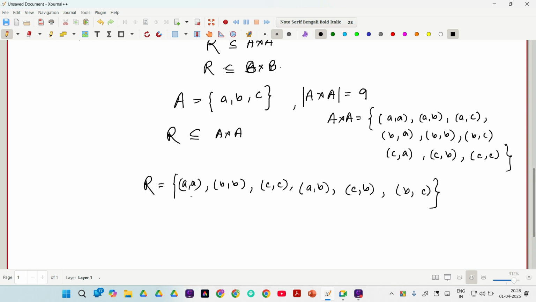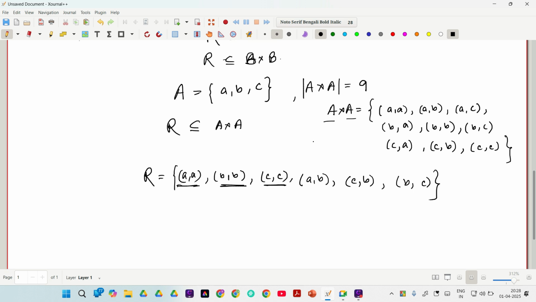Now these three elements (a, a), (b, b) and (c, c) are self pairs. This a is paired with a; this a is from the first set A, and this a is also from the first set A. Because these two sets are equal, we can pair up the same elements from A, because a, b, c are the elements of set A, so we can pair the same elements.